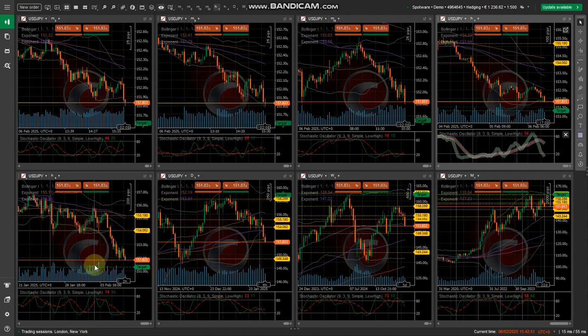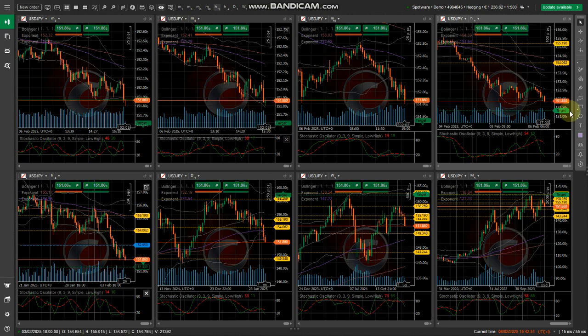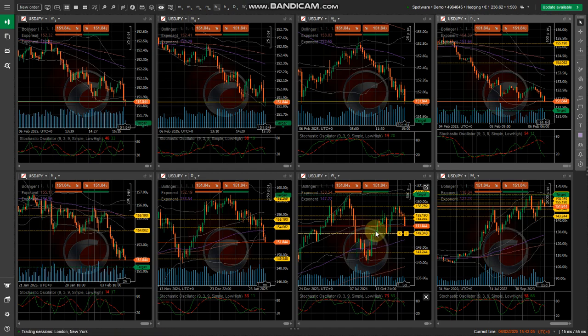This is the price on every time frame. It's all the same, and we are here on the 1 hour. The price is about to challenge the higher time frame, which is here. The next move of the weekly is to test this guy, and the buyer seems to lose strength.